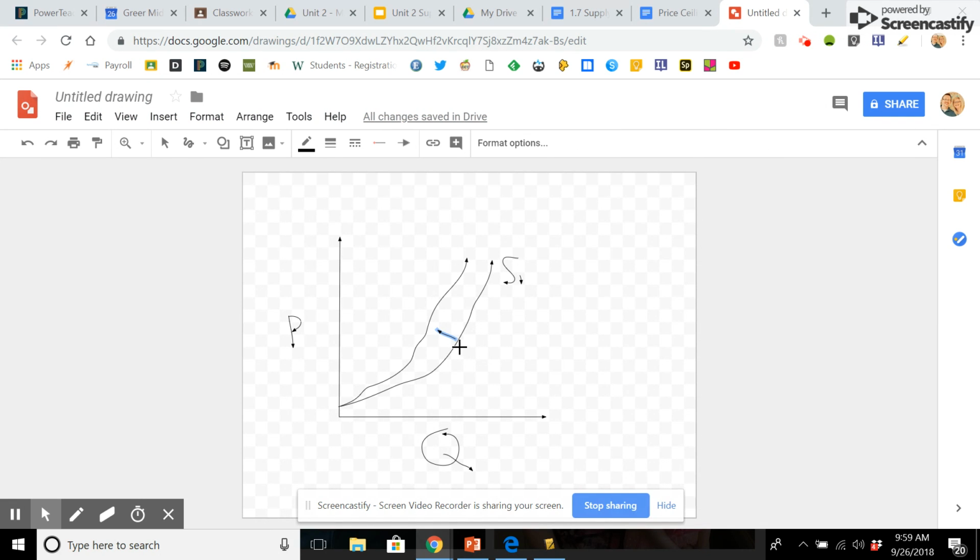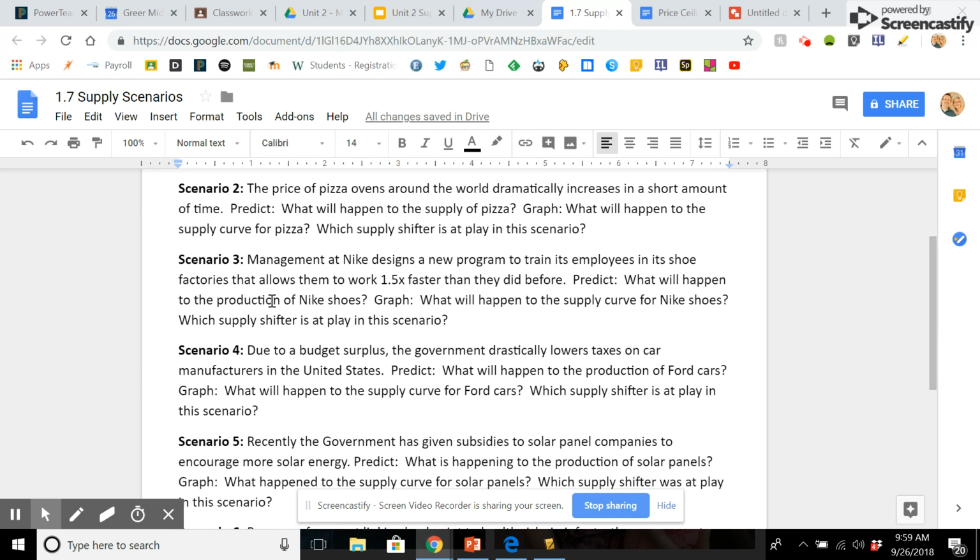So again, you're going to have this supply, this S2, that's going to be pushed in because at the same price, let's say we have a price here, at a given price, you have less quantity than was previously supplied. The supply shifter at play is an increase in the cost of a resource.